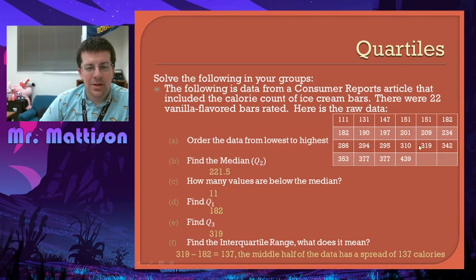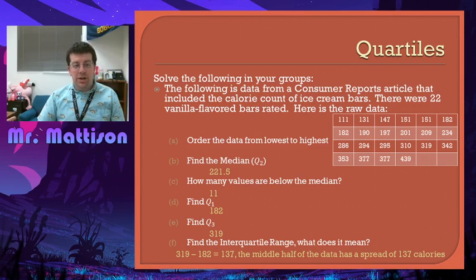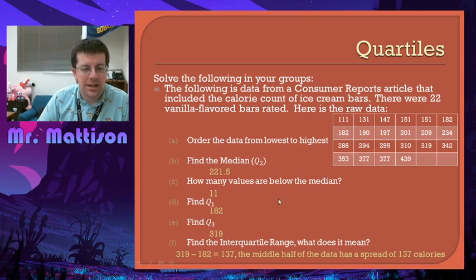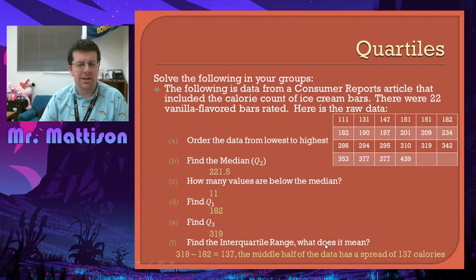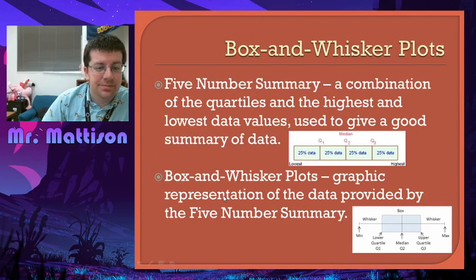We have 11 values down on this lower half, and then the middle of this lower half: if it's 11 things, we're looking for the sixth one. So 182 is going to be our first quartile. Then the upper half, 1, 2, 3, 4, 5, 6, we're in the middle there at 319. So then for my interquartile range, I just take that 319 minus the 182 and I get 137 as my interquartile range. So that's how spread out the middle half of my data is.